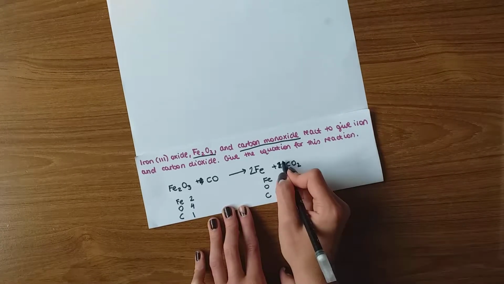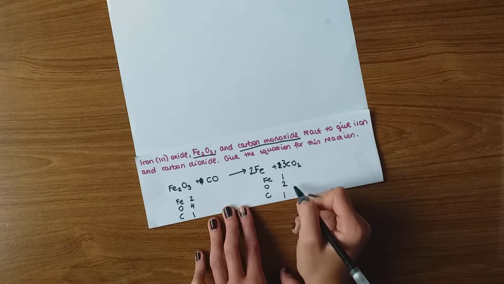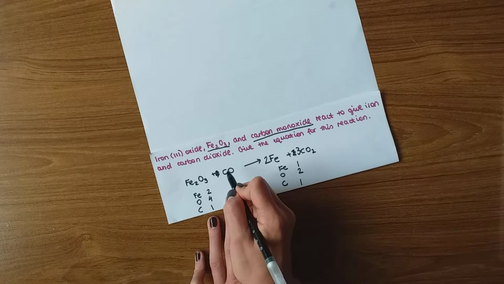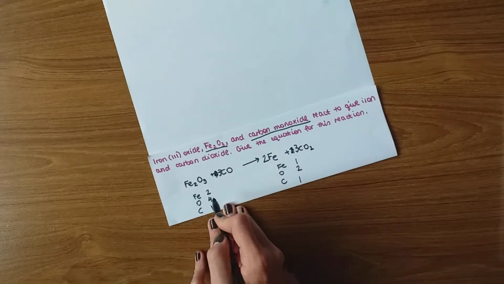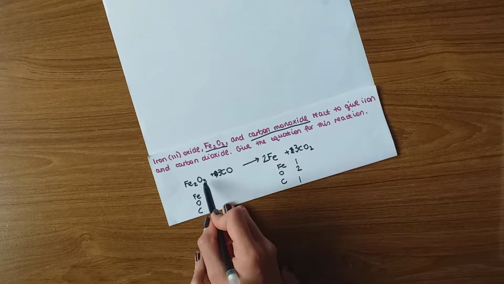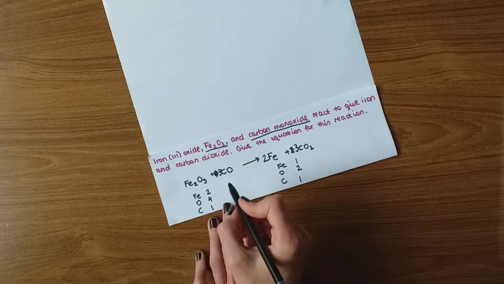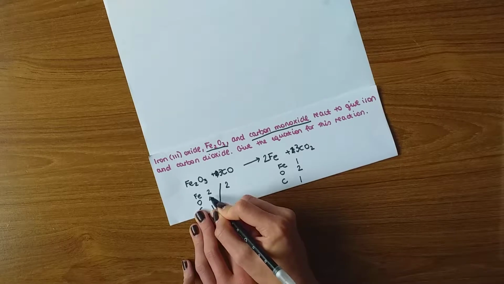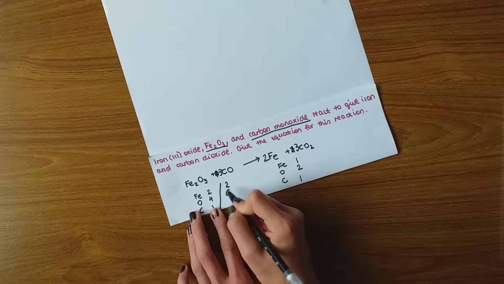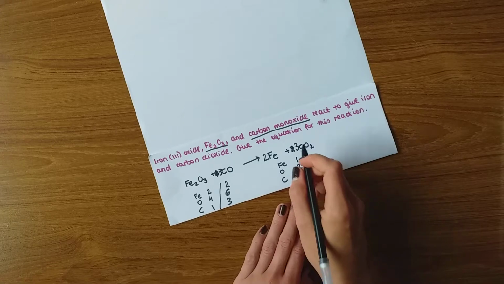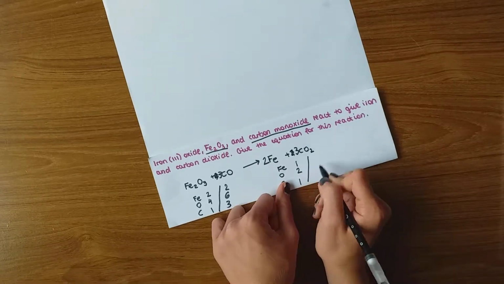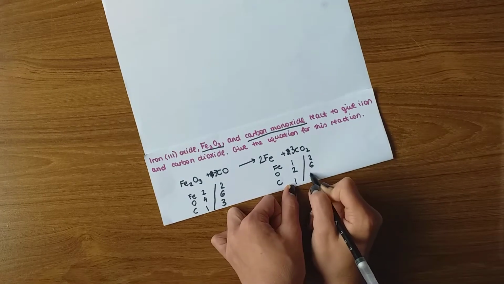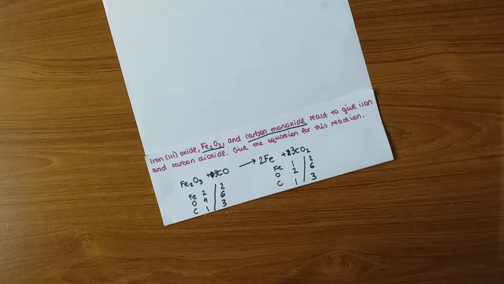So we can practice with that number, 3. We've got 3 carbons, 6 oxygens. So to balance it out, we've got to have 3 carbons on this side as well. We've got 3 oxygens and 3 oxygens, which give us 6 as well. So at the end, we've got 2 irons, 6 oxygens, and 3 carbons, and on this side, we've got 2 irons, 6 oxygens, and 3 carbons. So this equation is now balanced.